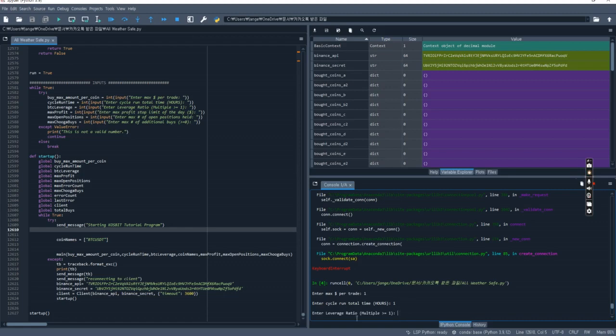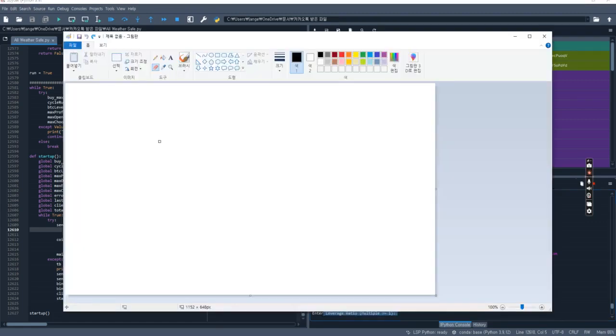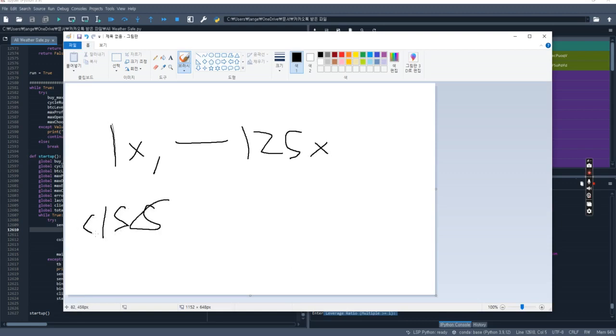The next one is leverage ratio. As I mentioned before, there's level 1 times all the way up to 125 times if you've seen my video. Leveraging is basically borrowing money, and if you don't want to borrow money, and say for me I only have $158, I would just input 1, because 1 times 158 is $158.